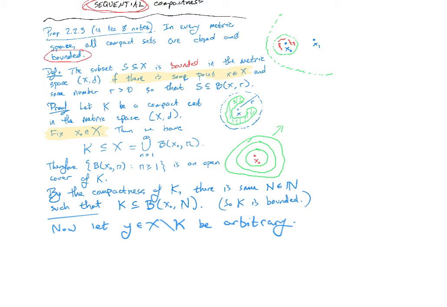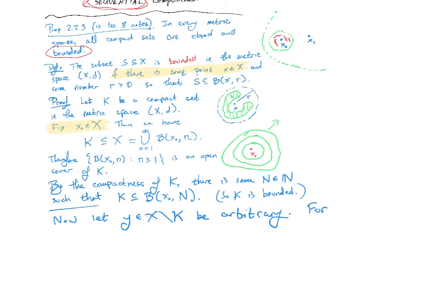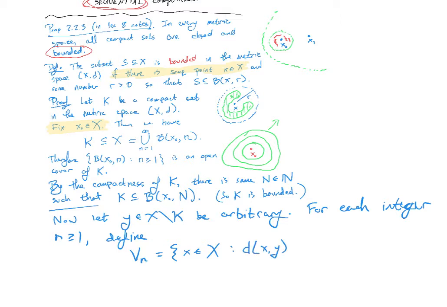Okay. So for each integer n at least one, define, these are the sets we care about. V sub n is the set of points that are a distance greater than 1 over n.